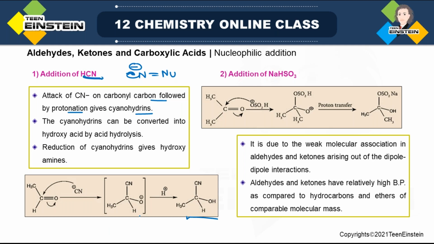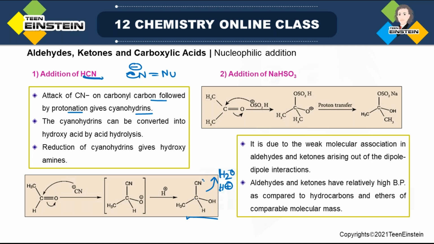So this type of molecule is known as cyanohydrin. Cyanohydrin, you can also convert it to hydroxy acid when it is treated with H2O under acidic condition. So you can say this is an application of this type of cyanohydrin molecule.